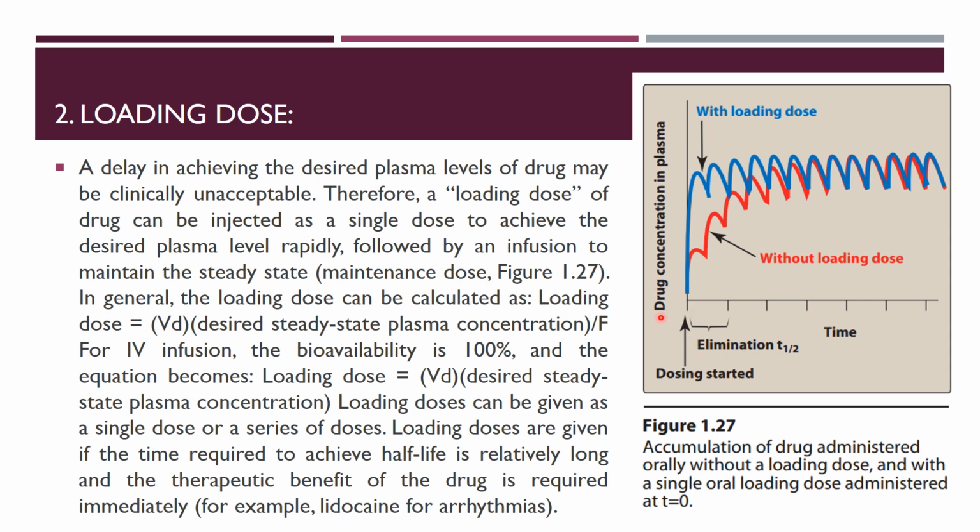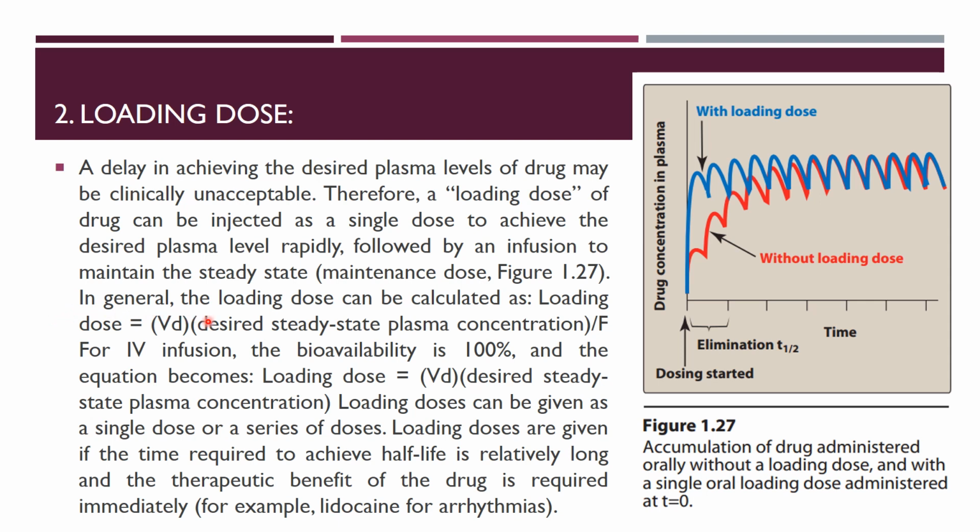This graph shows drug concentration in plasma versus time. Dosing started from 0, and the red spiral line is without loading dose while the blue spiral line is with loading dose.